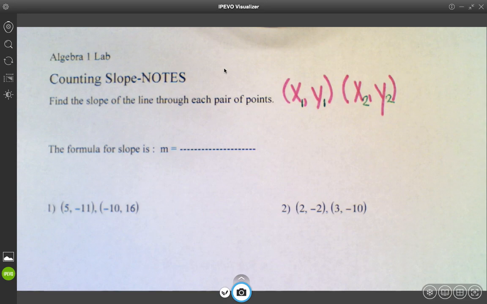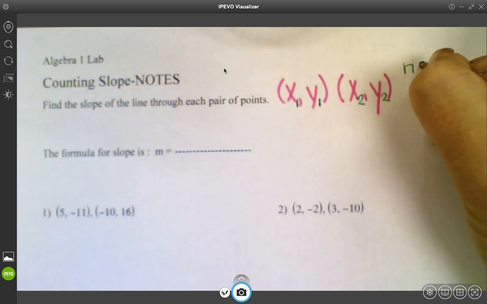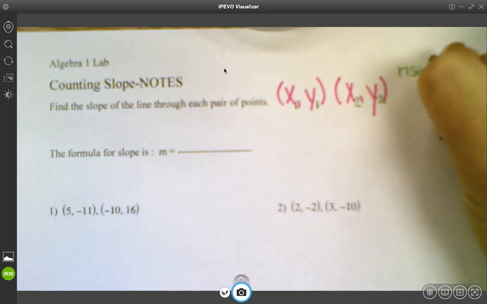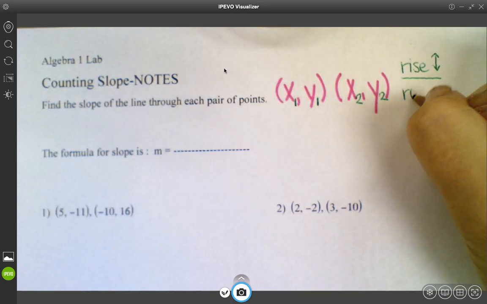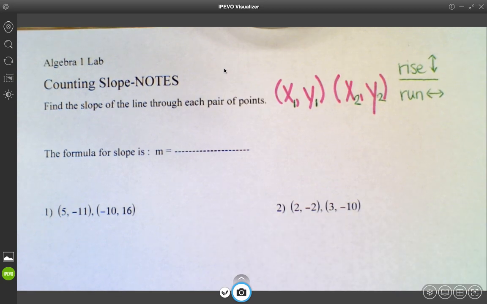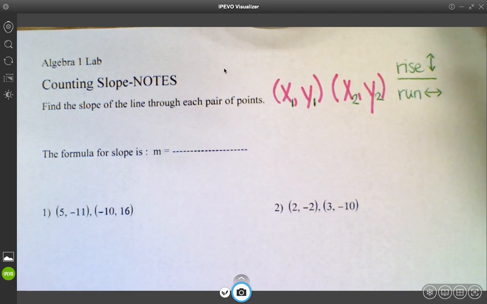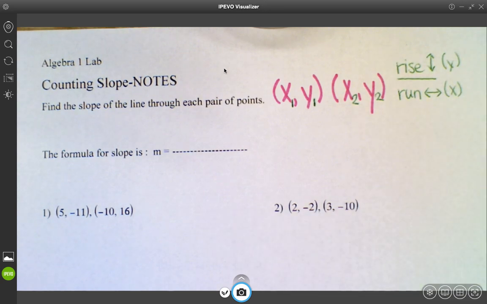So whenever we are doing slope, we always are finding our rise, which is our up and down movement between 2 points, and then we divide it by the run, which is the left and right movement, or the x-axis. So our rise is always the up and down axis, so we're talking about the y's here, and then here we're talking about the change in x.